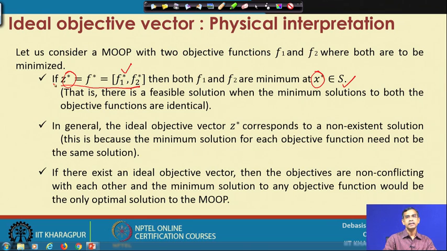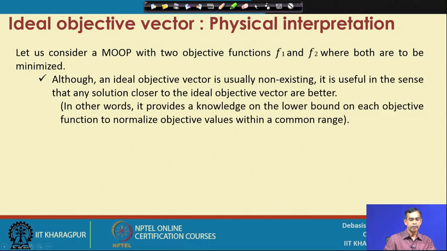And if there exists an ideal solution, then the objectives are non-conflicting with each other, and the minimum solution to any objective function would be the optimum solution to the problem. So, this is the concept of ideal. The ideal objective vector is a non-existing solution.